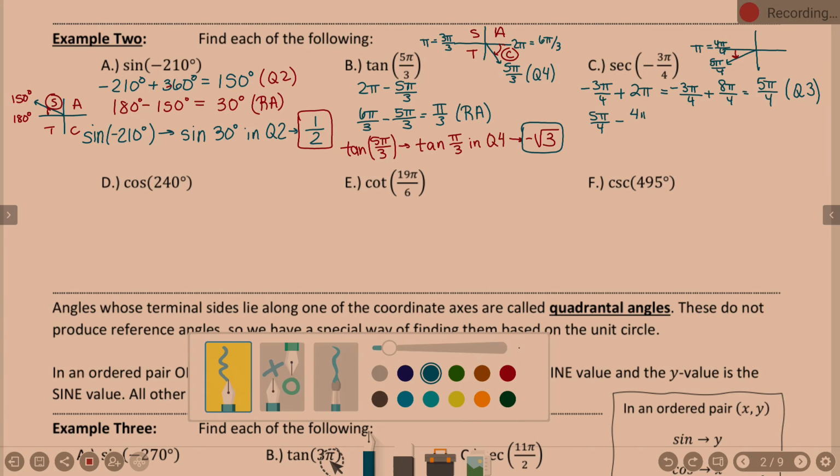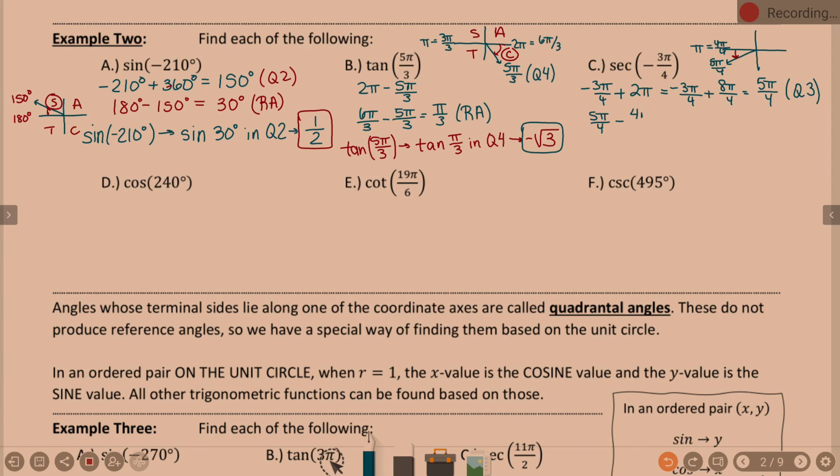Technically, I'm subtracting 5 pi over 4 minus pi, but as we already mentioned, that's going to be 5 pi over 4 minus 4 pi over 4, which is pi over 4. Is that one of your reference angles? It is. Okay, that gives me confidence I'm doing something right if I get one of my 3 reference angles.